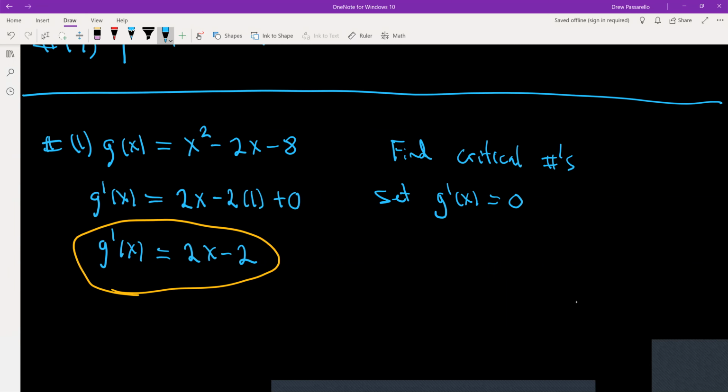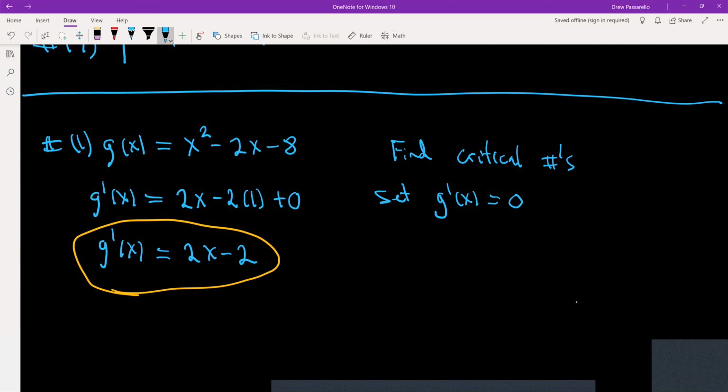Our critical number is 1. Usually they just use the letter c, so I'll use c equals 1. That's the first two steps in the strategy.